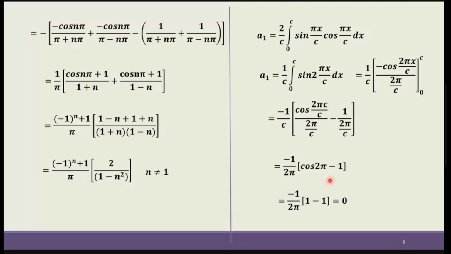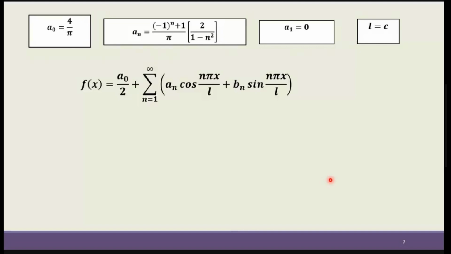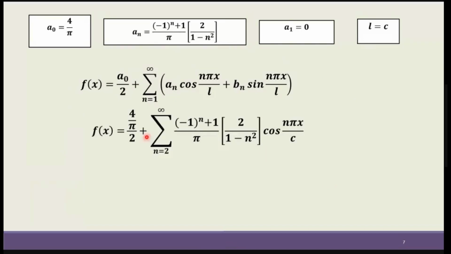Substituting everything in f of x function. bn is already equal to 0, substituting for a0, which is 4 by pi.